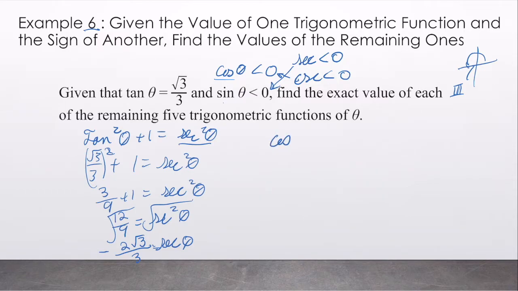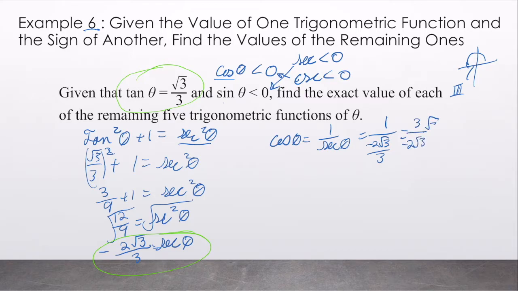So cosine, and I'm going to circle them real quick so you see them. So we've got our tangent and our secant. I'm going to find my cosine. Well, that is actually 1 over secant theta, which is 1 over negative 2 square root of 3 over 3, which is 3 over negative 2 square root of 3 multiplied by the square root of 3 on the top and the bottom because we don't like radicals in our denominator.